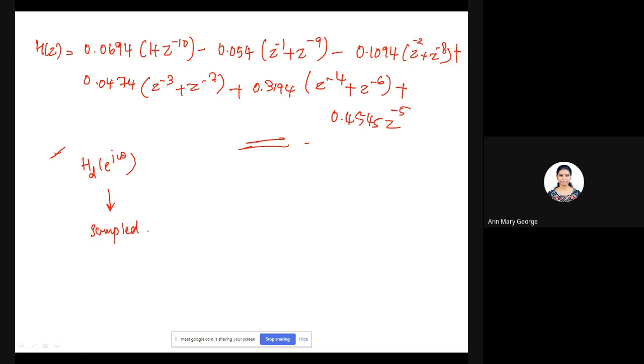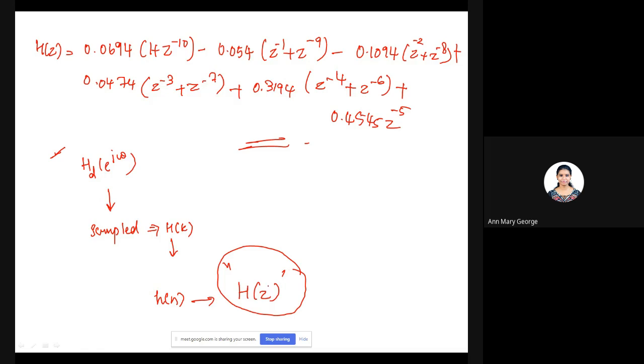Sampled and obtained H(k). From this we have found out h(n), and finally we have got the transfer function H(z).